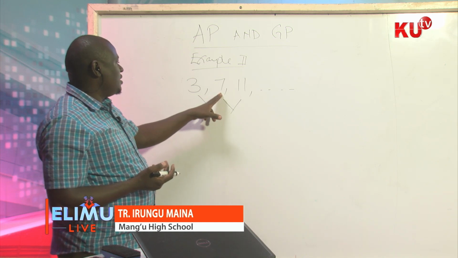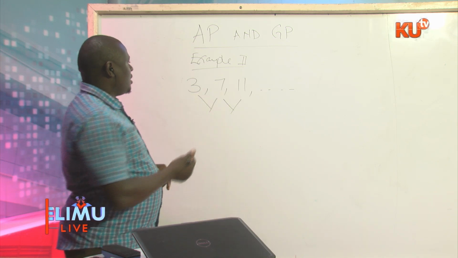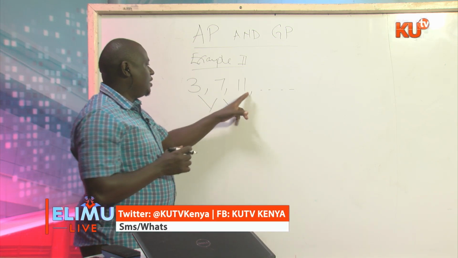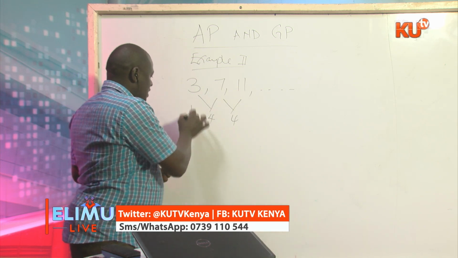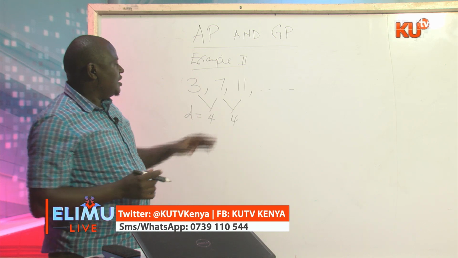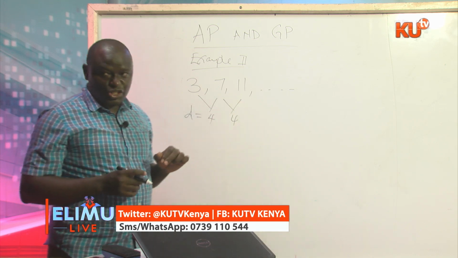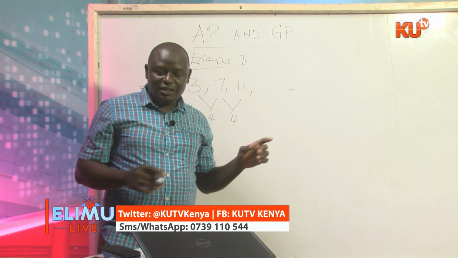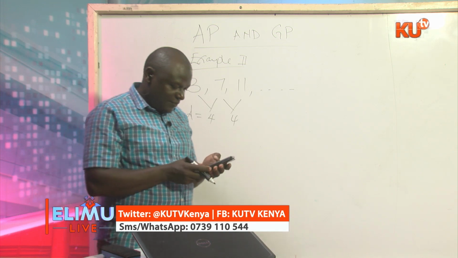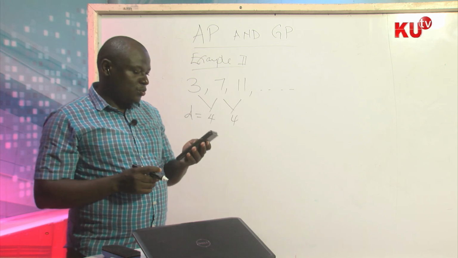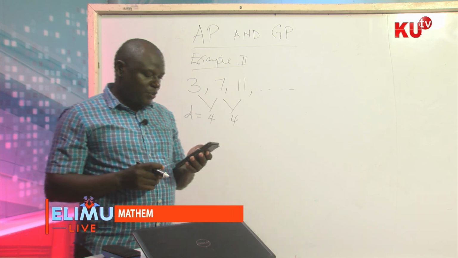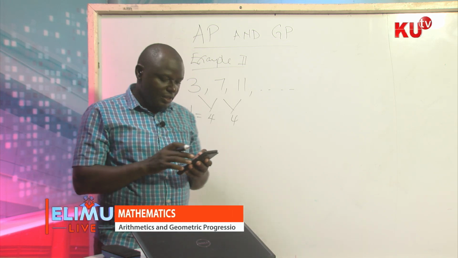In this case, 7 minus 3 gives you 4, and 11 minus 7 gives you 4. So to me, this is a common difference, D. Suppose we tried to get ratios: 7 divided by 3 is 2.333.